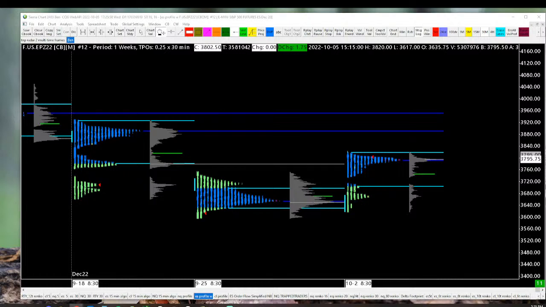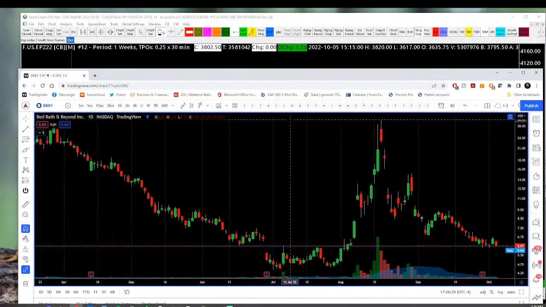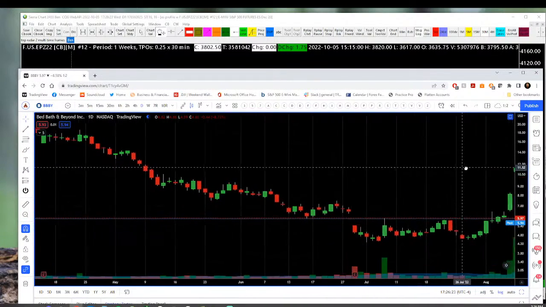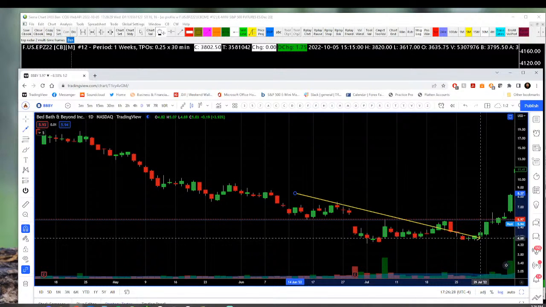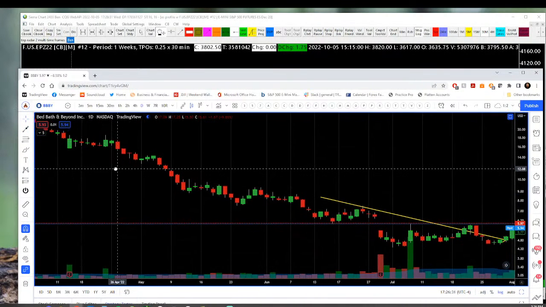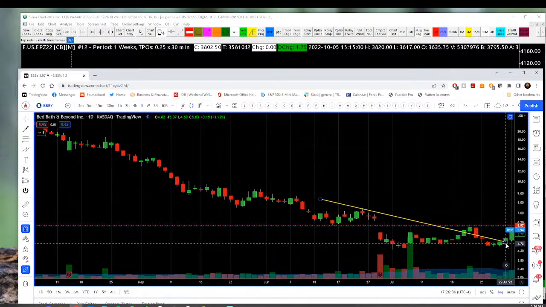If you're trading BBBY, or something ridiculous like that, that runs in ways that aren't natural, and you want to know whether or not you can trust it, let's say you're trading this as a swing trader and you want to know whether or not this is a trustworthy move.